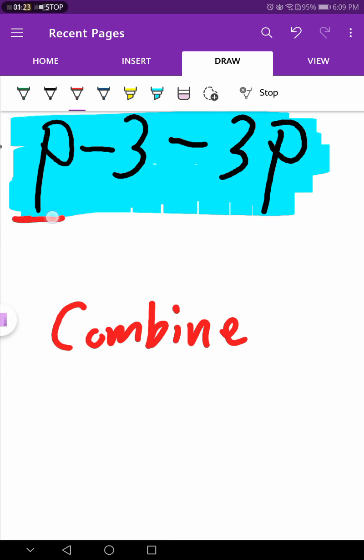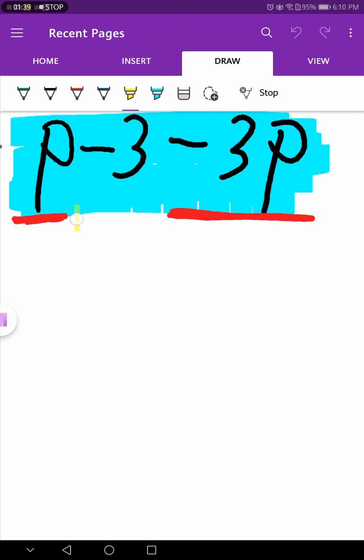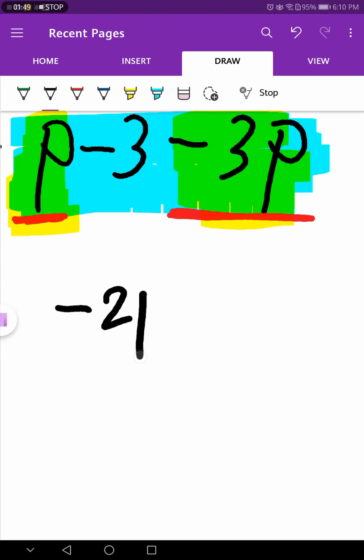As you see here, we have 1p here and negative 3p here. 1p and negative 3p equal negative 2p.